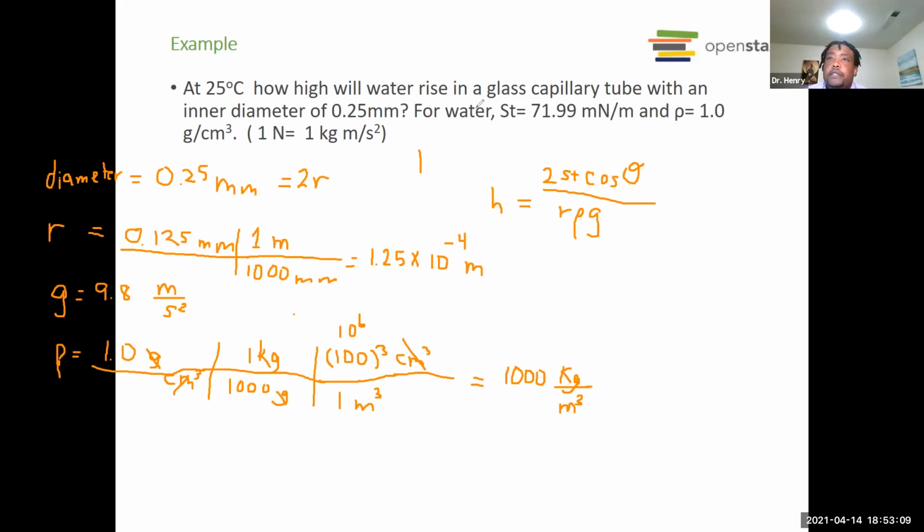And then our surface tension, the units for that right now are millinewton per meter.